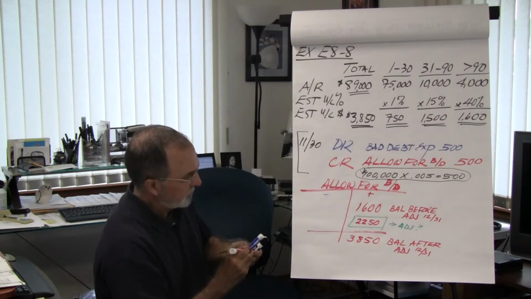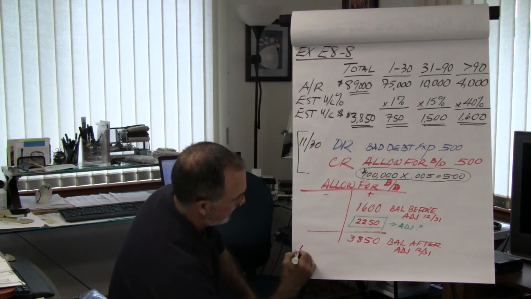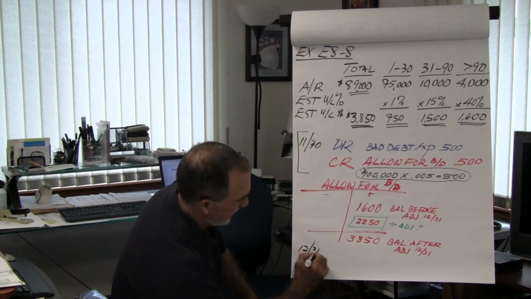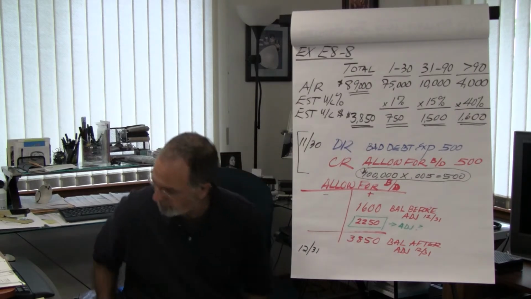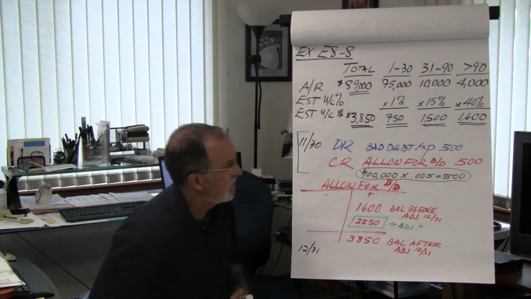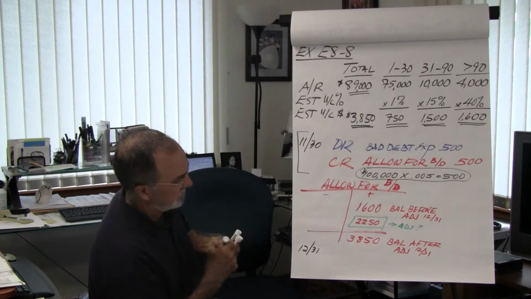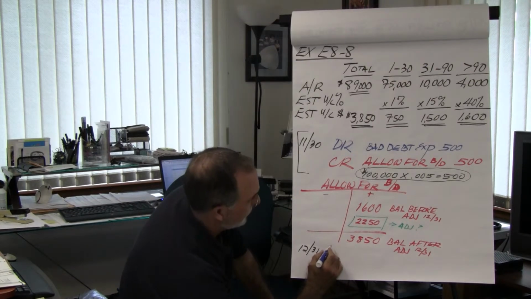So at December 31, what is our adjusting journal entry for the estimate of bad debts? And it's basically the same entry as what we did for November 30th.